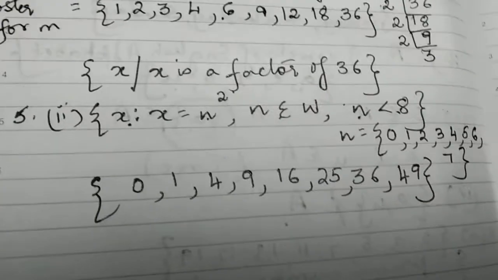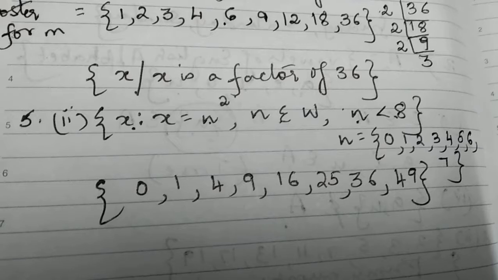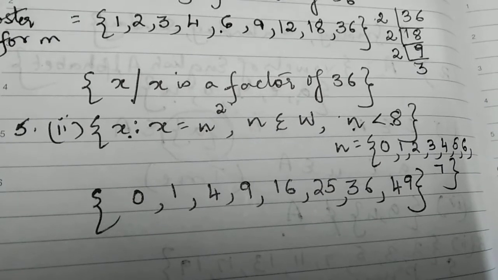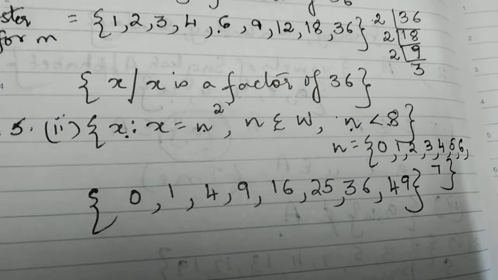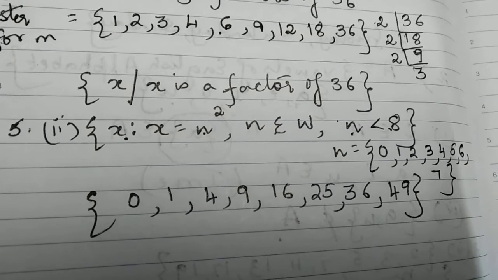Now, if I have to write it in the descriptive form, what will I write? I will write that x is the square of whole numbers less than 8.